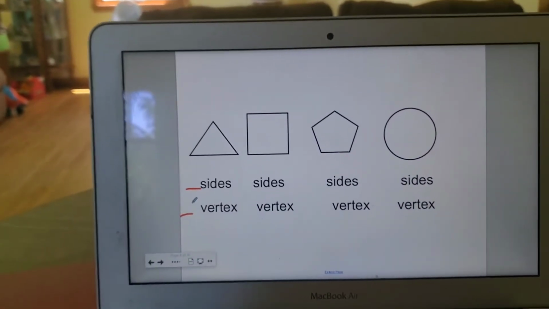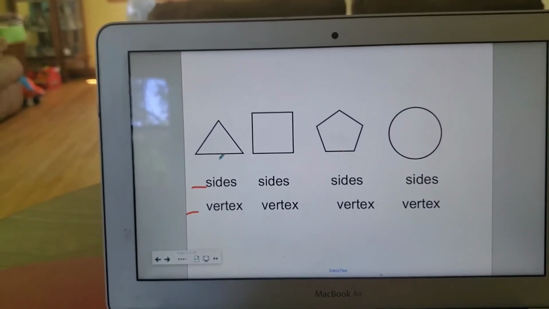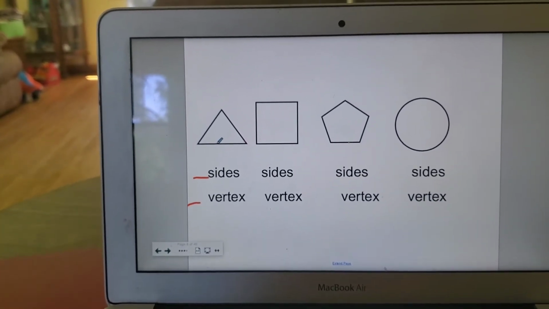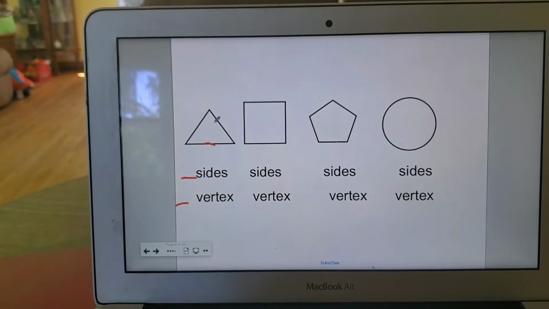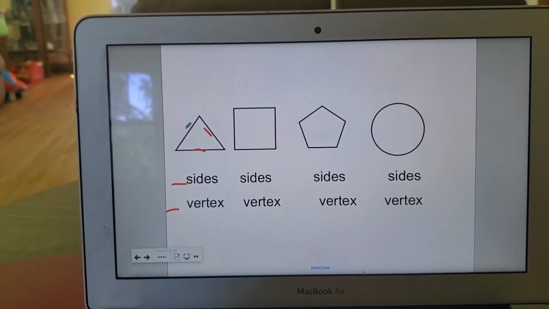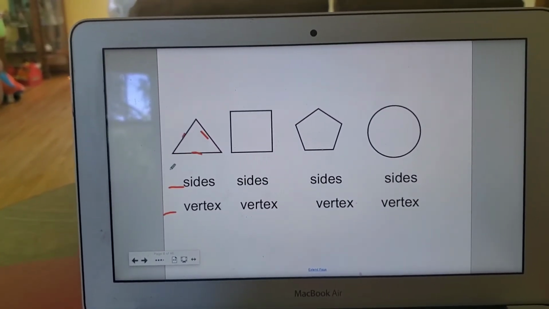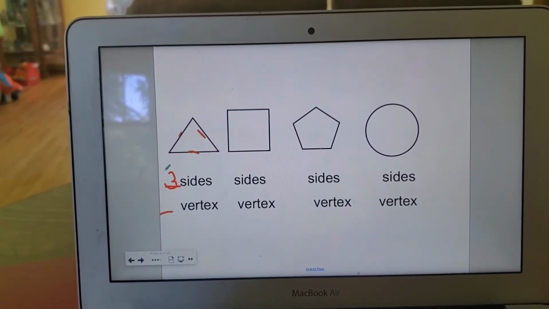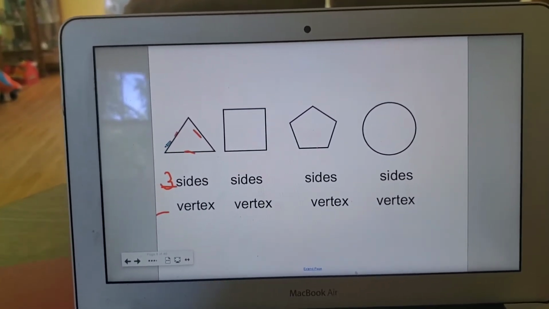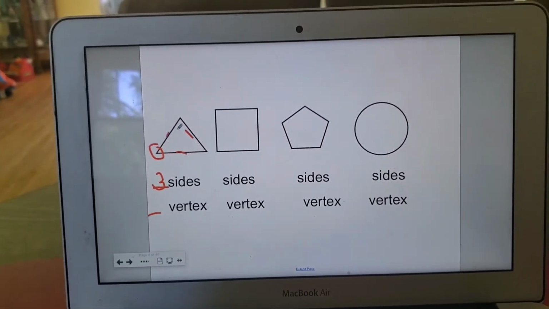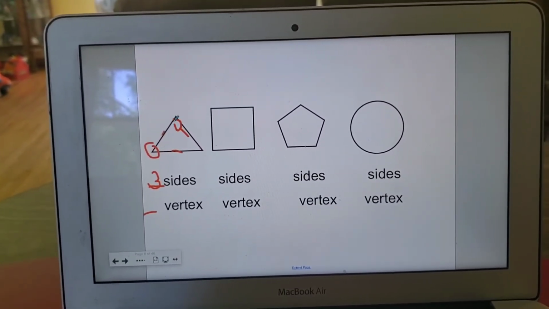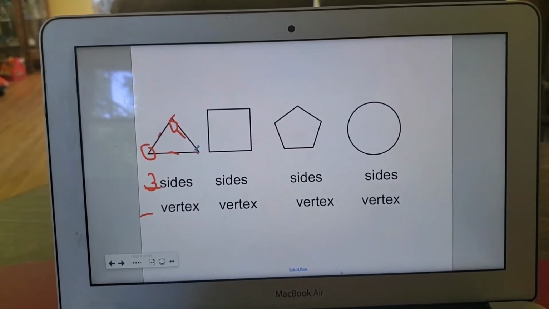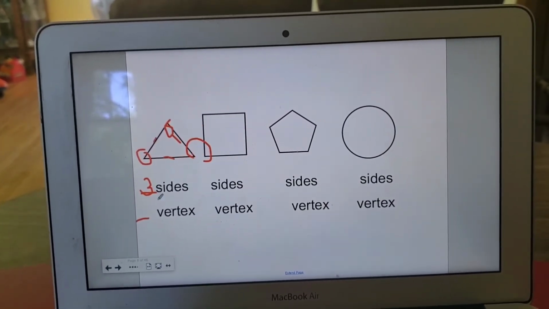All right, so now that you're done, let's count them. Let's count the sides of the triangle first. 1, 2, 3. There's 3 sides. And now how many corners or vertices are there? 1, 2, 3.